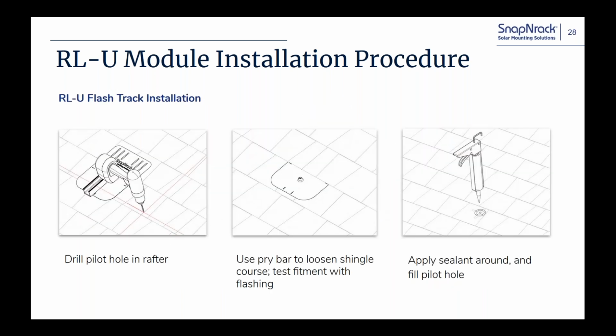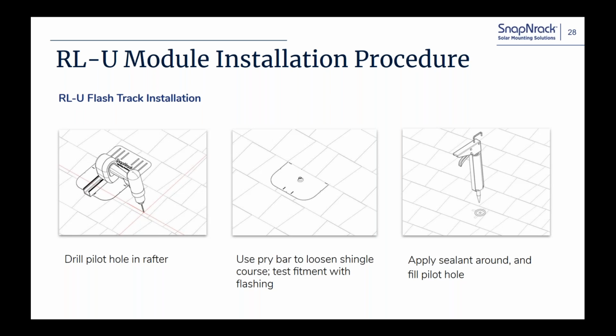So, basic installation procedure. We'll assume that you've already found your rafters, you've done your layout. And with the layout, if guys are not familiar with the system, I typically recommend laying out all the modules with chalk, especially if it's a complicated system and they're learning how to do it.